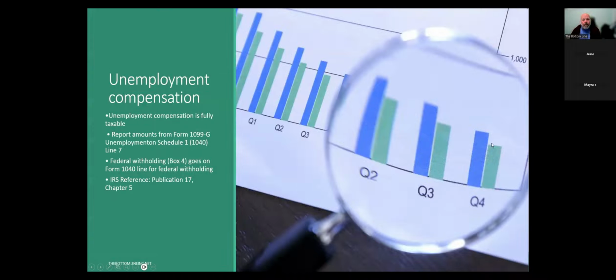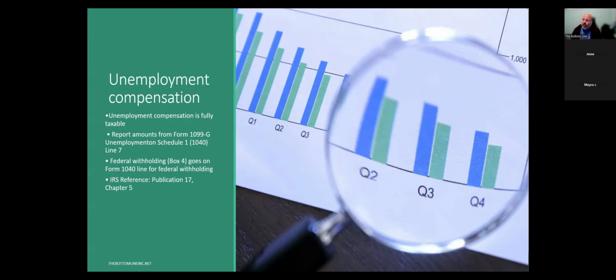So unemployment compensation, just like I said, is fully taxable. It's reported on Form 1099-G. It's going to go, like our Schedule B, the unemployment income is going to be reported on Schedule 1, line 7.